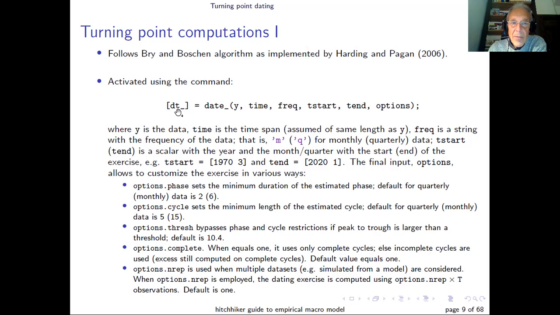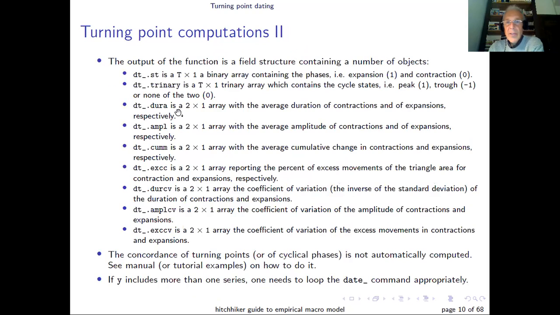So the output of the function, dt, is a field that contains a number of subfields or objects, which are the output. It will have the subfield called st, which contains the phases. So st equal to 1 contains the expansion, st equal to 0 contains the contraction. Trinary is a trinary array which contains the states, which means the peak, the trough, or none of the two.